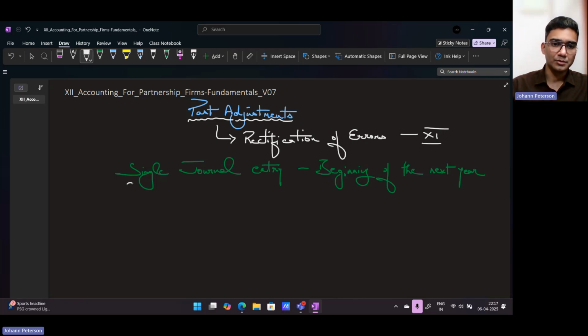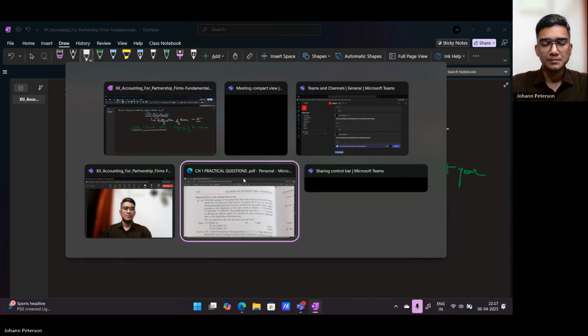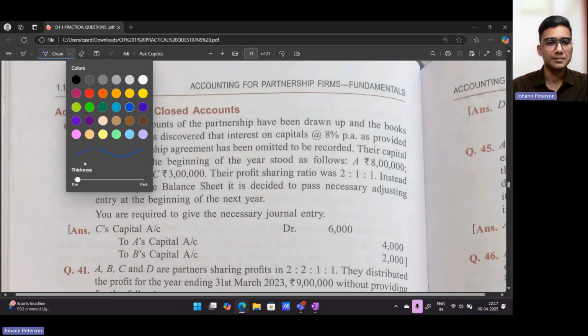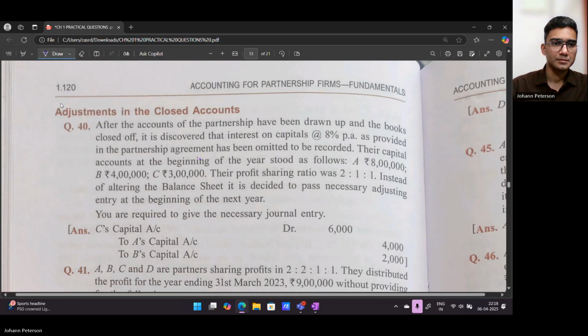So, this is what we are going to do in this topic of past adjustments. We're going to find out that single journal entry. Let us take the questions now. By the way, this is also called adjustment in the closed accounts. It's mentioned here, adjustments in the closed accounts.